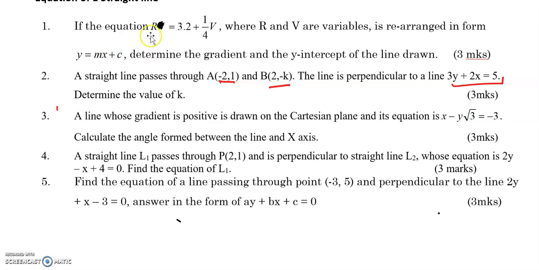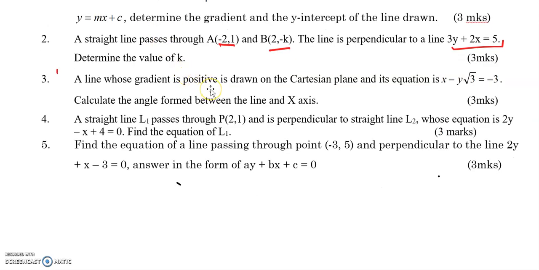So if the two lines are perpendicular, then the following situation comes out. We have line 1 and line 2. Because we want the value of k, which is the y coordinate here, we need to associate line A with line 2 in the form of their gradients.